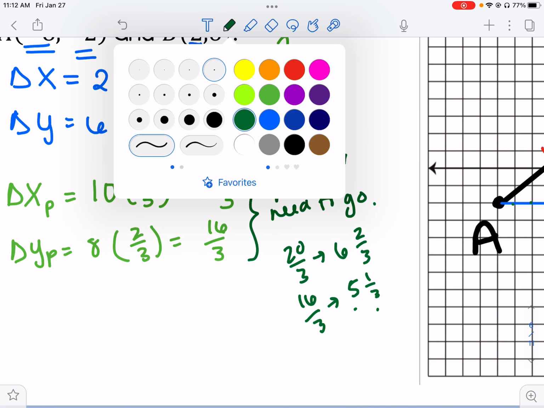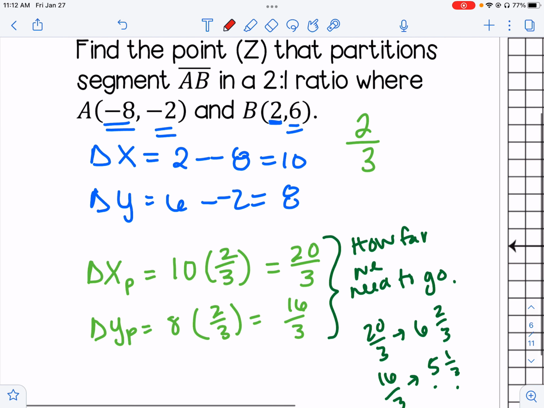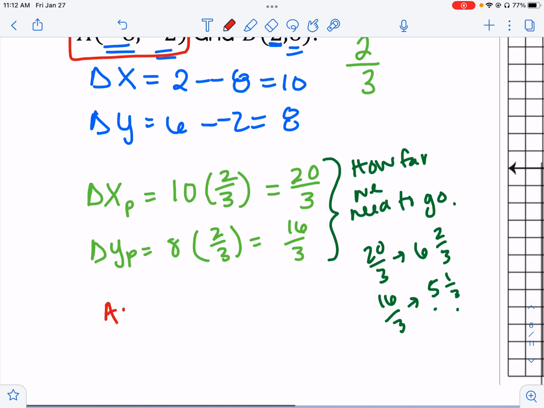So the very last thing I'm going to do is go back to my original point of A, because that's where I'm starting. And I'm going to mathematically add my changes, just like we physically did on the graph. So delta x was plus 20/3. Delta y was plus 16/3.